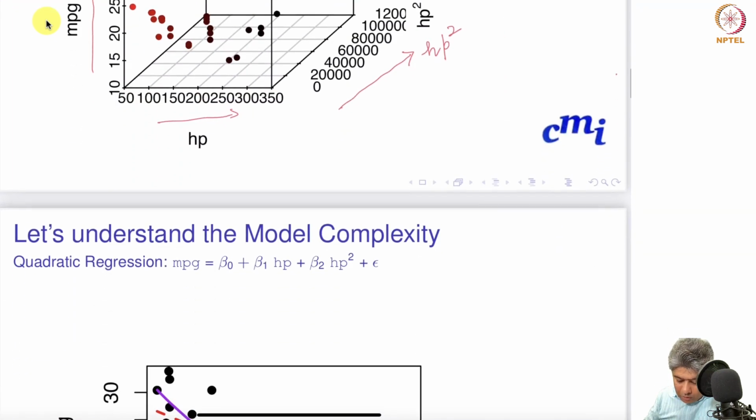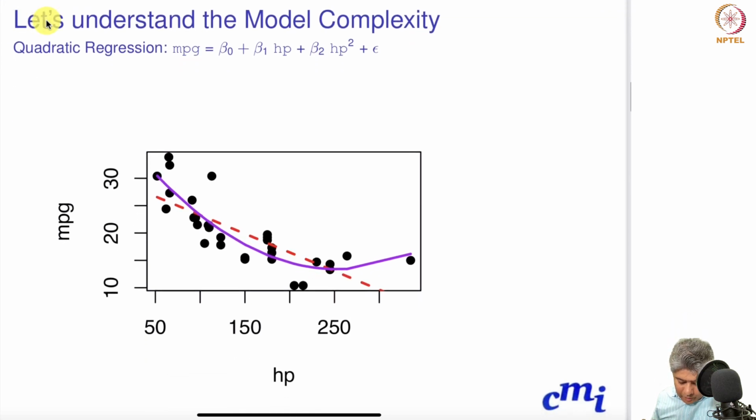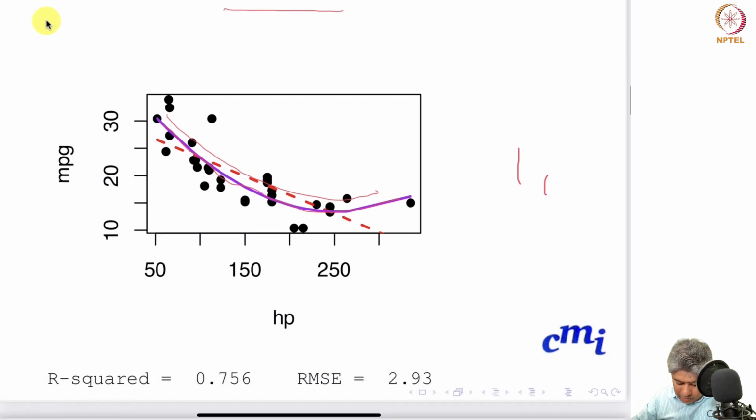Now, if you see, when we are fitting this quadratic model, this purple color curve is the one we are fitting. And what we see is that R square has gone up.